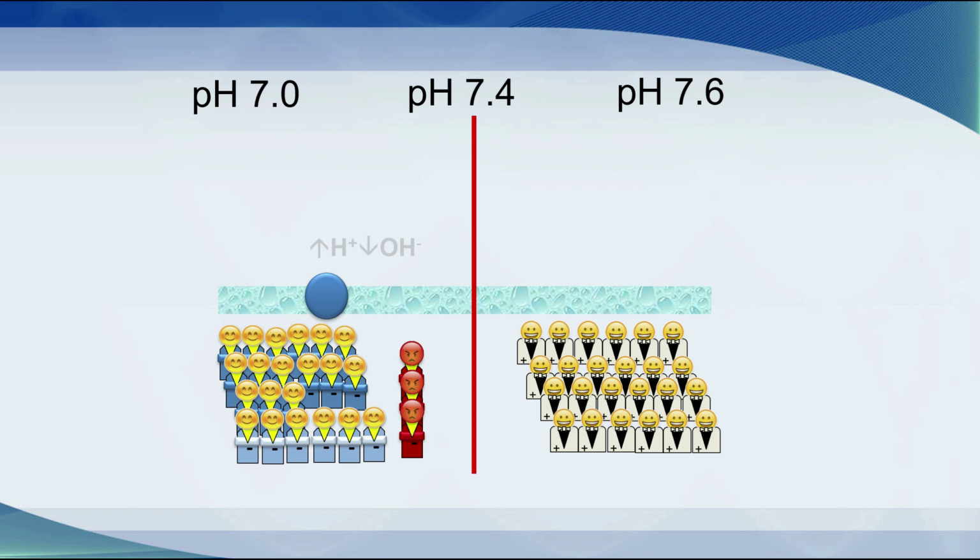However, immediately the surplus hydrogen ions are mopped up by bicarbonate to form carbon dioxide, and the pH returns towards 7.4. Now, if the patient is unable to blow off the additional carbon dioxide, if they're on a fixed minute ventilation, for example, on a ventilator, then the pH remains low.